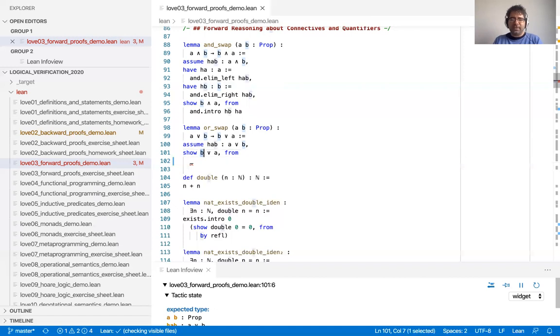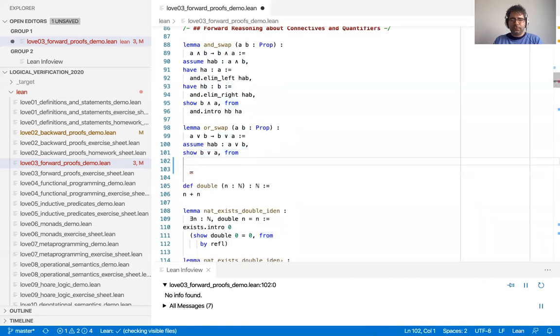So we start by saying, okay, we're going to prove B or A, right? So we're going to attack this one first, and we're going to wait with that one because that one we cannot exploit now. And if we want to prove B or A, then we're going to do a case distinction on HAB.